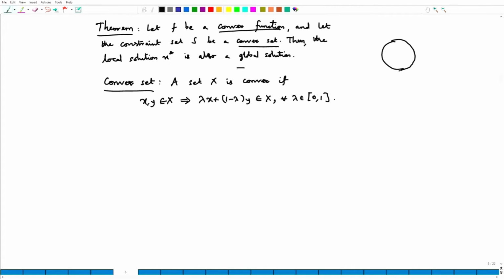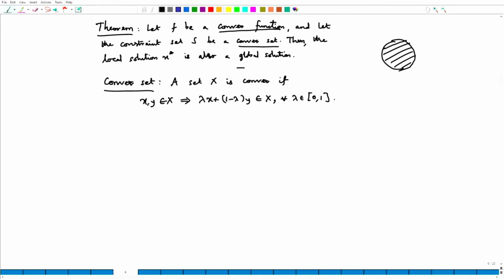Okay, so it is a circle, not drawn very well, but I suppose you understand, and the set X is all points within this circle and also on the boundary. So, I claim that this set is a convex set. Why is that so?